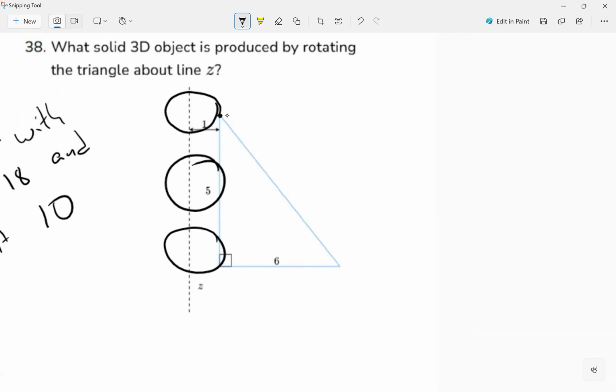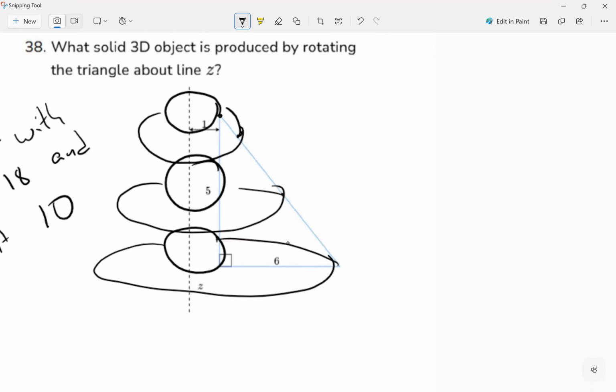And then if I rotate this point, it's going to give me, so it kind of looks like a cone, right? However, there's going to be a space inside. It's going to be like a cone with a cylinder inside.